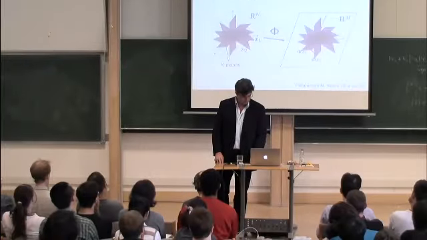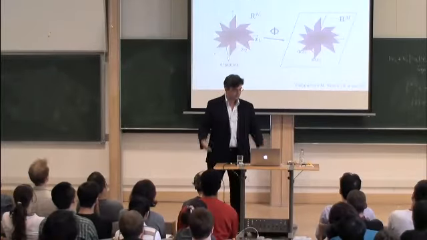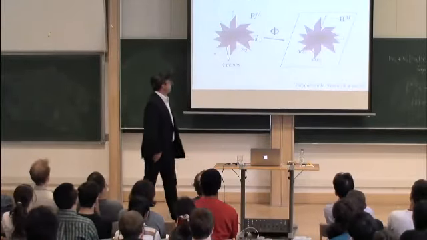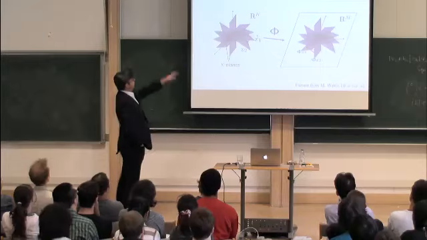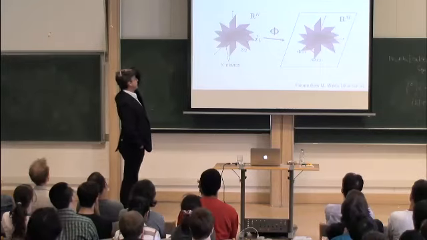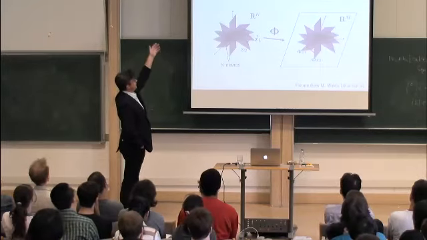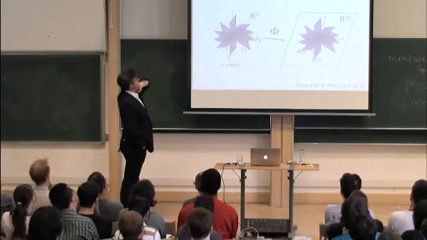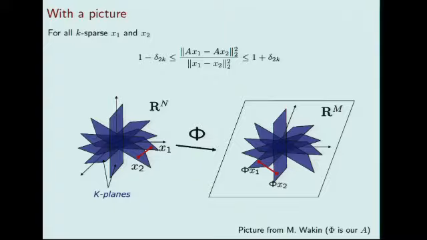All right. So a picture looks something like this. This is a picture from Mike Wakin, a former postdoc. What the restricted isometry property says is that, of course, this ratio is bounded away from 0 and infinity.